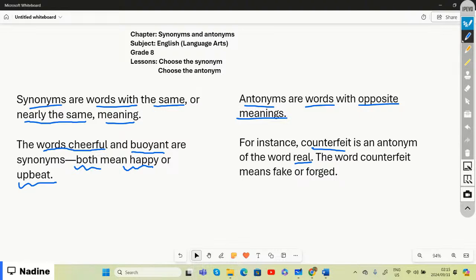Look at the word father, because let's start with synonyms first. The word that's the same as father, or almost the same as father, we can say is dad. Because if we look at the words father and dad, or we can say mom and mother, both of these words basically play the same role. It's just that someone calls him dad, someone calls him father, right?